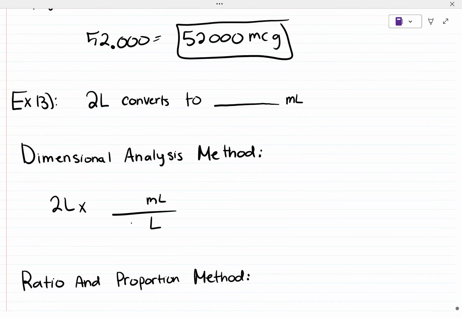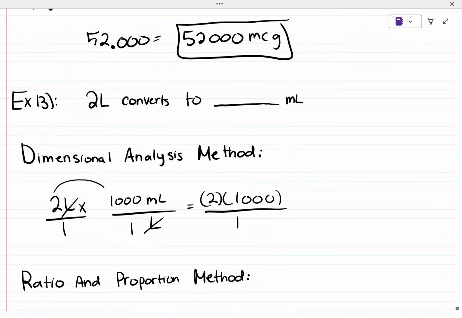So we know that for 1 liter, there is 1,000 milliliters based on your chart. Then put a little invisible one here. The liters disappear, and then it's 2 times 1,000 over 1. So 2 times 1,000 is 2,000 milliliters. Okay, so you could include these three zeros.